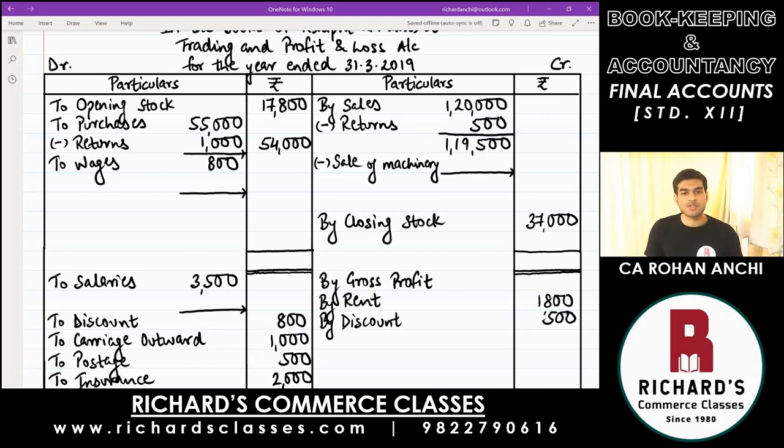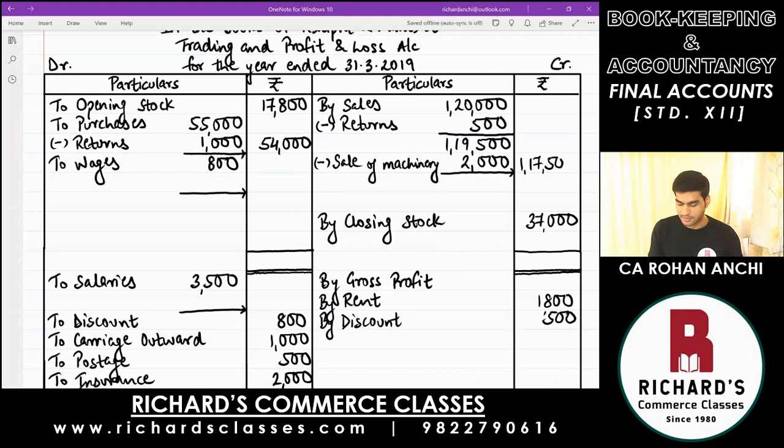If it was sale of goods, we would have kept it there. It is sale of machinery. You remove it from there. You cannot record sales of any other item except goods in trading account. So remove it from there, and that amount is 2,000. So deduct, and now you will be able to find only sale of goods. So deduct and tell me what is sale of goods there in the outer column. 1,17,500.